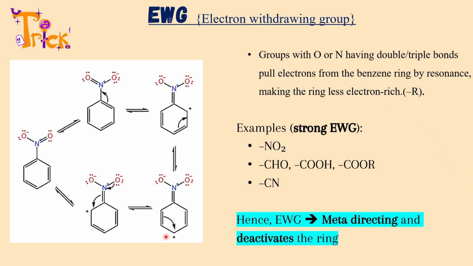So if we compare all three positions, we can see that ortho and para, they are positively charged. This means they are more electron deficient than that of meta position. So meta position is the most favorable position in this case. Hence, in conclusion, we can say that electron withdrawing groups deactivate the ring and result in the formation of what? Meta substituted products.